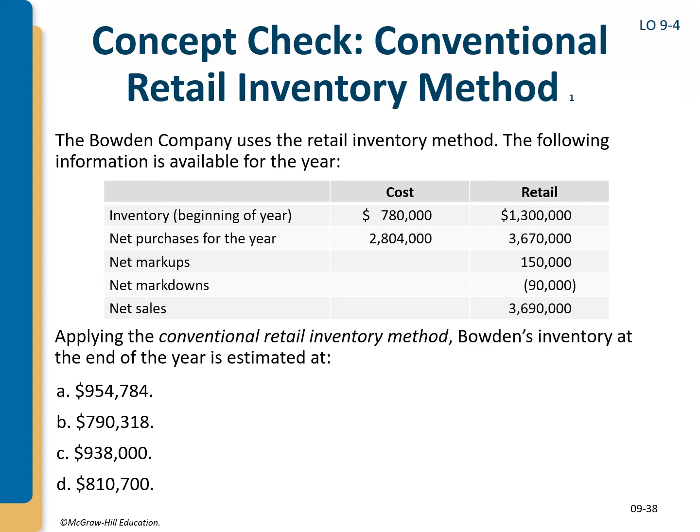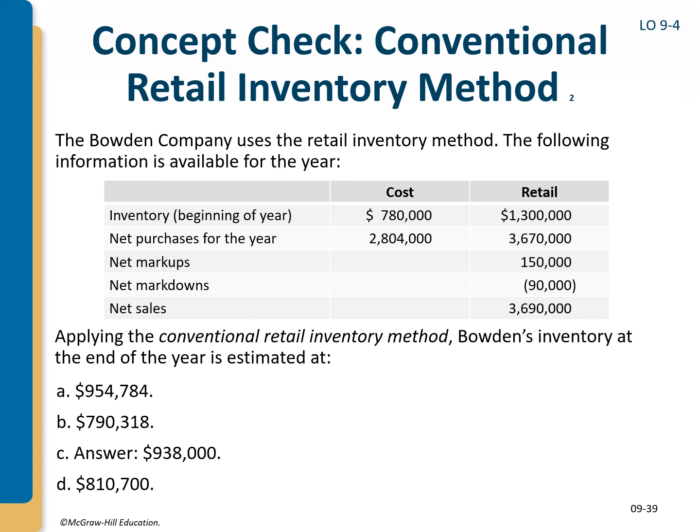Remember, when you're using the conventional retail method, you can make your columns if you want. You'll have a column for costs and a column for retail. You have beginning inventory, $780,000 and $1,300,000. Purchases of $2,804,000 in cost, $3,670,000 is how much we would have sold them for. Add your markups.